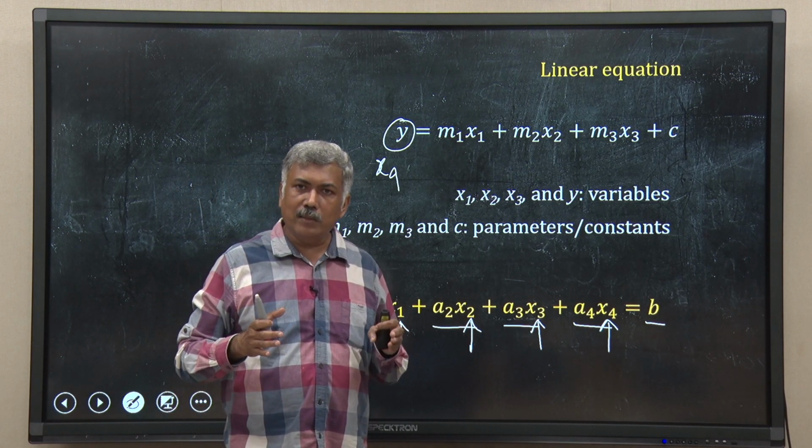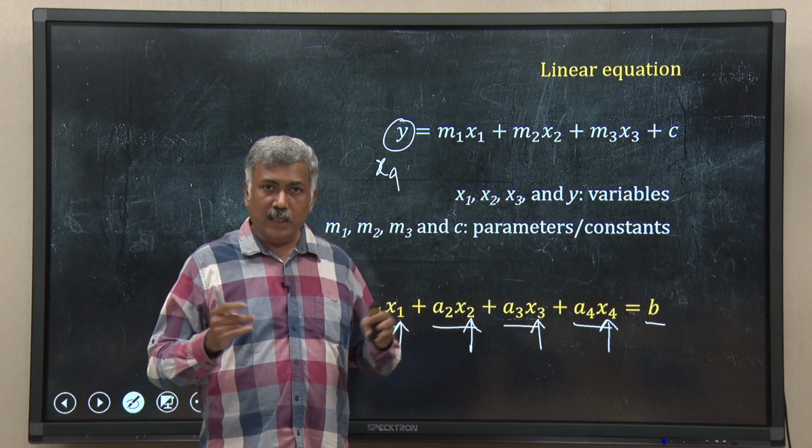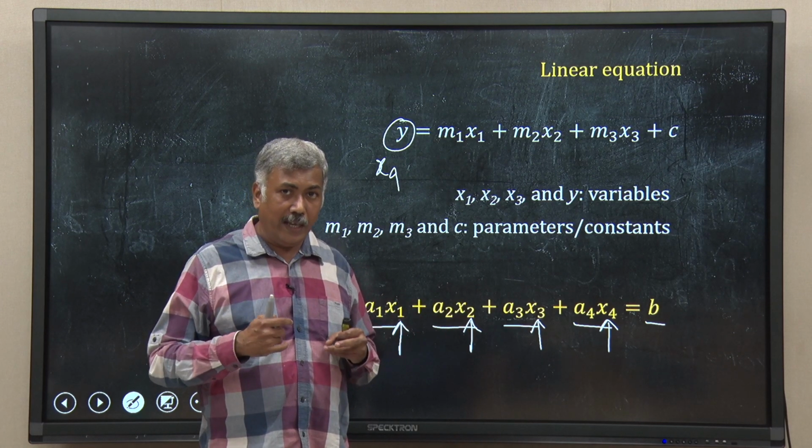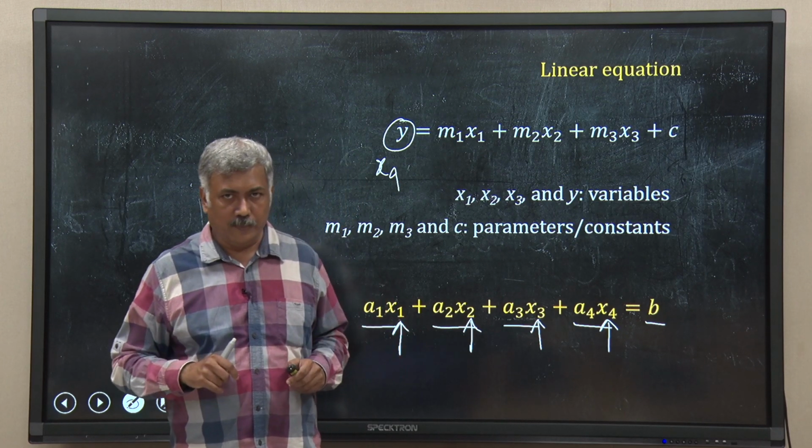This is a linear equation because all these variables have power 1, and there is no fancy function like sine or exponential, and no product between these variables. So, this is a linear equation.